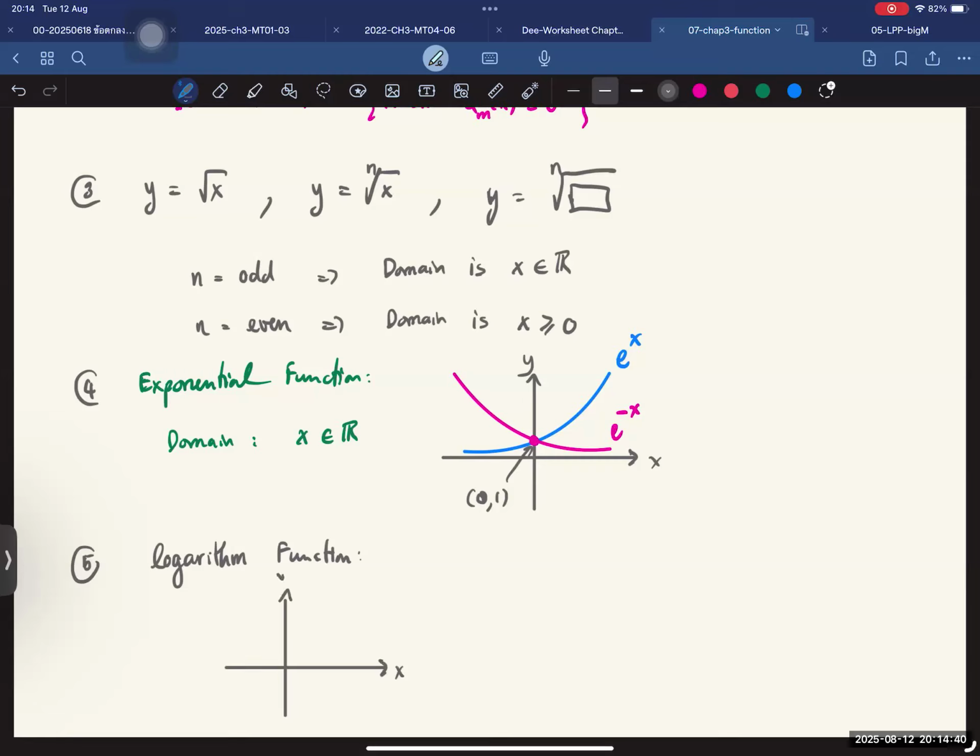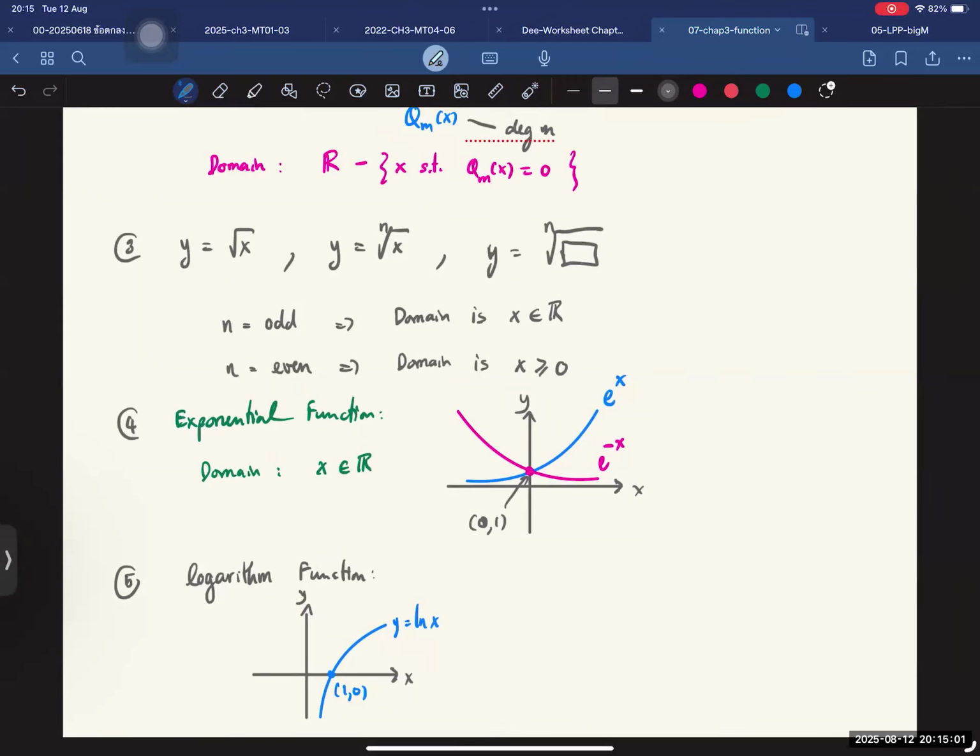That's the x, then the y. So we have the basic logarithm like this. This is y equal to the natural log of x. At this point, when x is 1, y takes the value 0. So this is a basic graph that we should know.